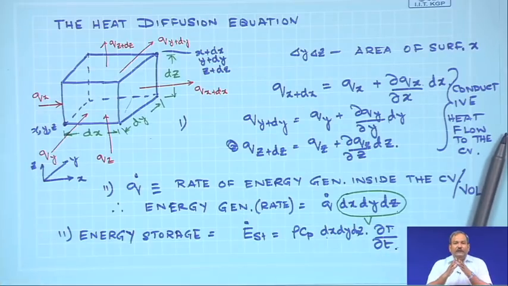So, if we think of the energy conservation equation, the rate of energy into the system, which would be q x, q y and q z, and the rate of energy going out, which would be q x plus dx, q y plus dy and q z plus dz, plus the amount of energy generated inside the system, which is E dot g, equal to q dot, the energy generation rate per unit volume.